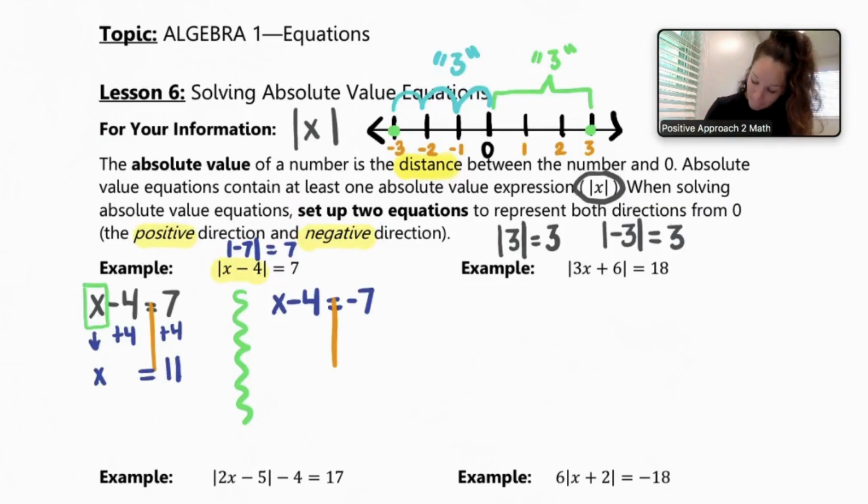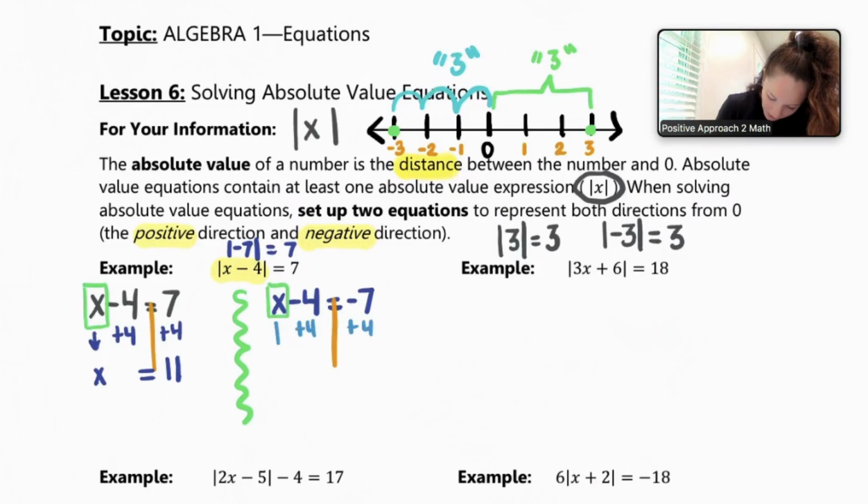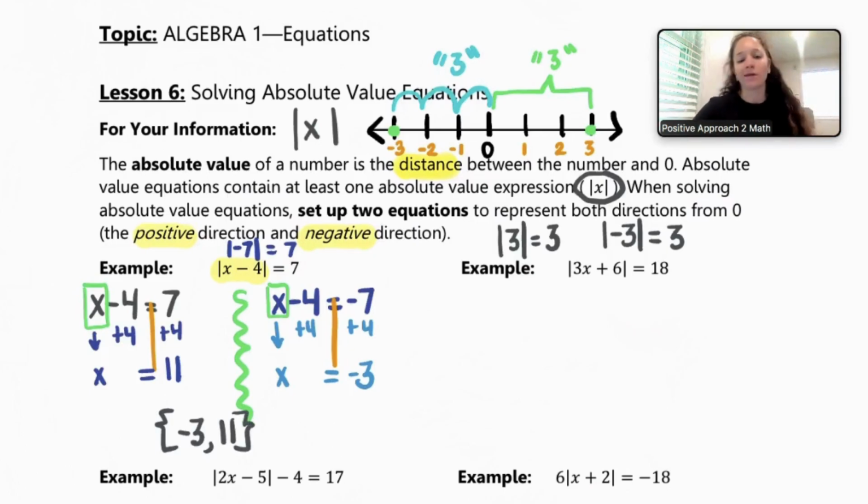So if I look at my second equation, I put my x in the box, I go to add 4, bring my box down, negative 7 plus 4 is negative 3. And so if I go to write this as a solution set, my two values for x are negative 3 and positive 11. And I like to put my smaller number first.